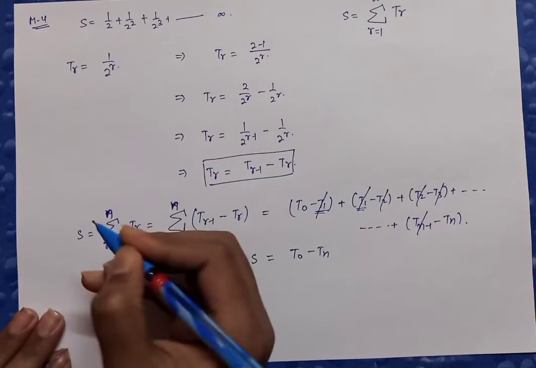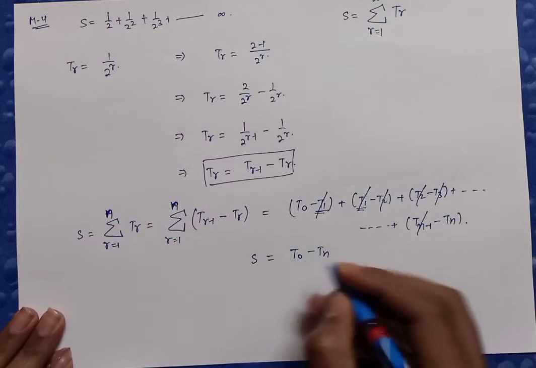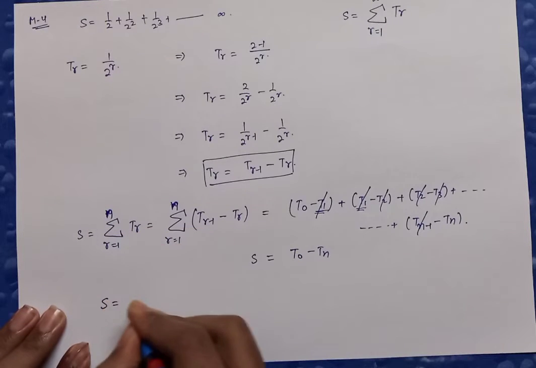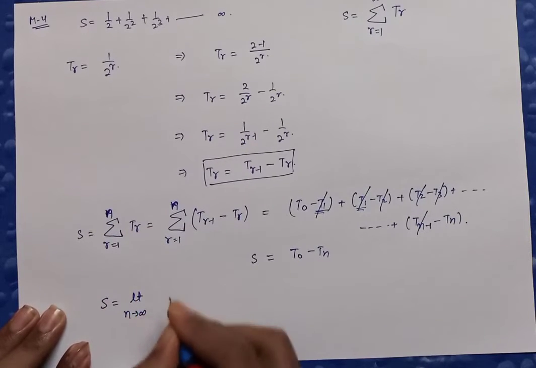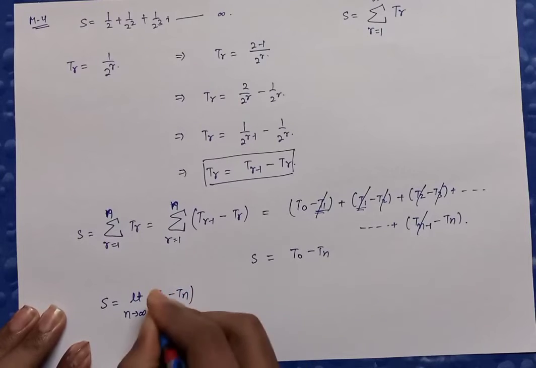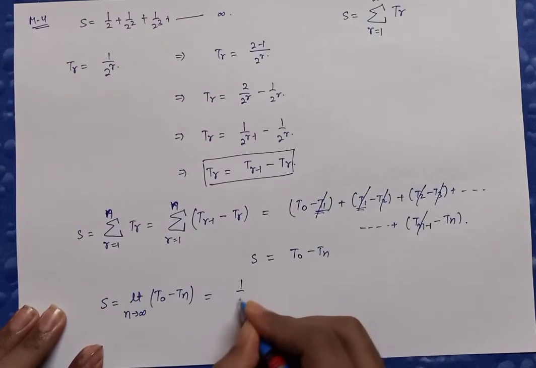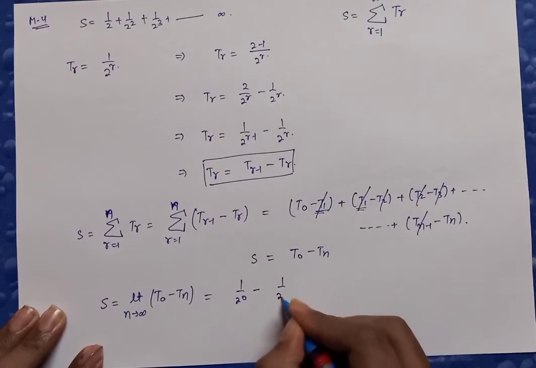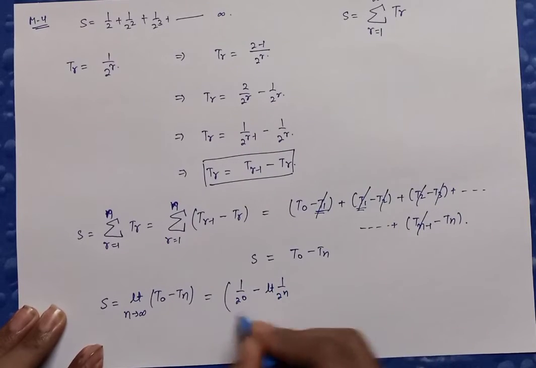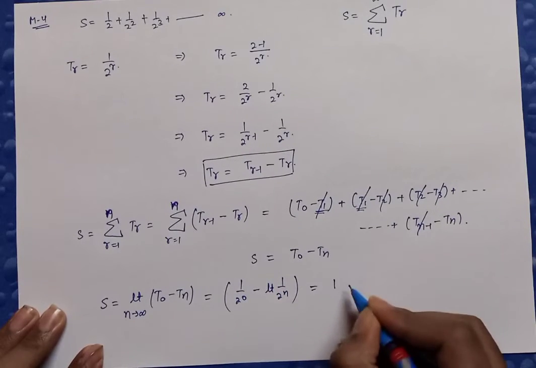Now the required sum is limit n tends to infinity of T0 minus T_n. T0 is nothing but 1 by 2 raised to 0, minus 1 by 2^n, and here the limit will be 1.